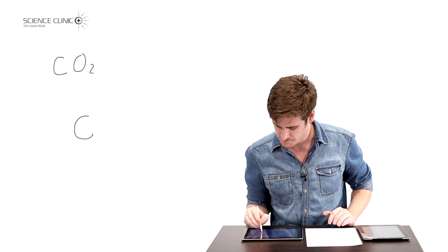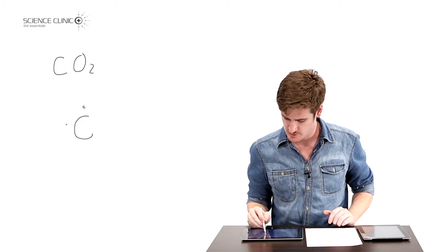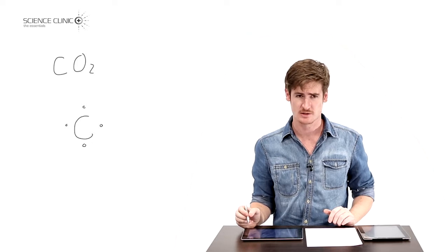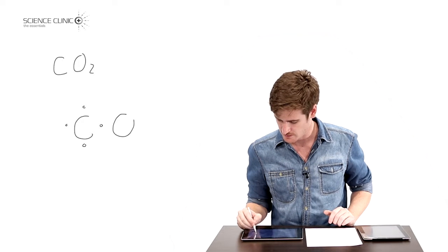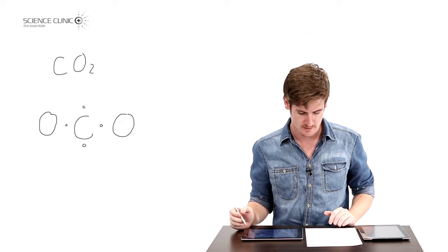Lastly, the Lewis structure of carbon dioxide. We know carbon, C, dioxide, di meaning 2, so it's CO2, a substance that we should know a lot about. We start off with putting our carbon in the middle. We know that carbon has 1, 2, 3, 4 valence electrons. We now put our oxygens on either side.